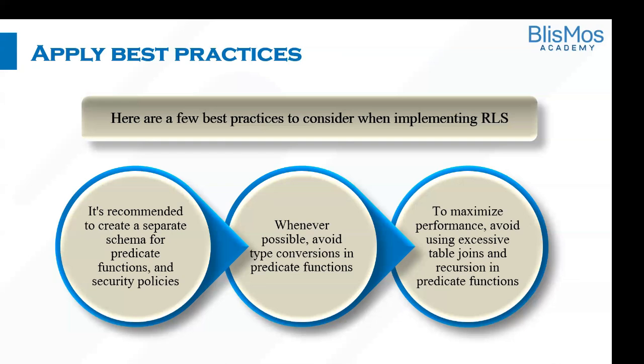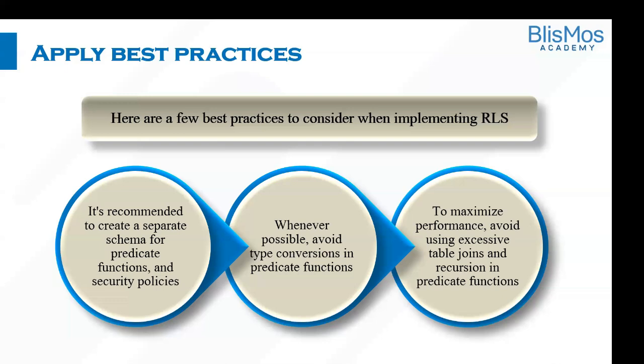But what they're suggesting is, whenever you implement row level security, create a separate schema for predicate conditions, functions, and security policies. So apart from the schema for the tables, you create a schema for predicate functions and security policies. Ideally it is not created, but while you are implementing RLS, please do that.